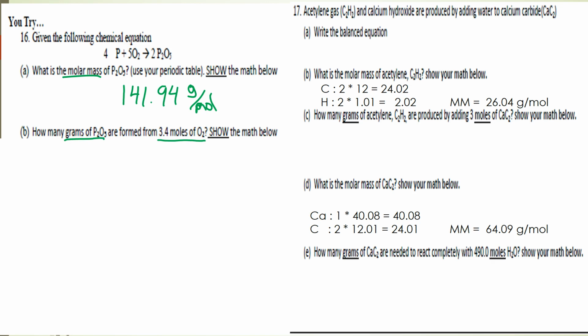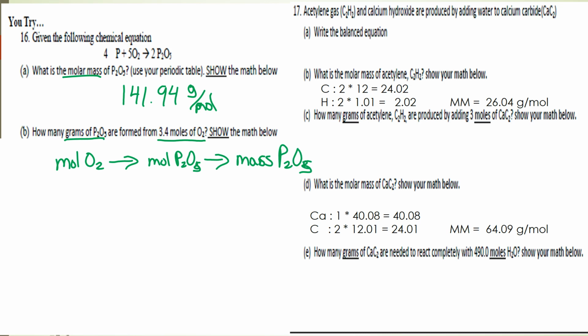So in this relationship, I'm starting off with moles of O2. I need to get from moles of O2 to P2O5, and I can only go from moles to moles. So I'm going from moles to moles, and then I can go to mass, P2O5. All right.